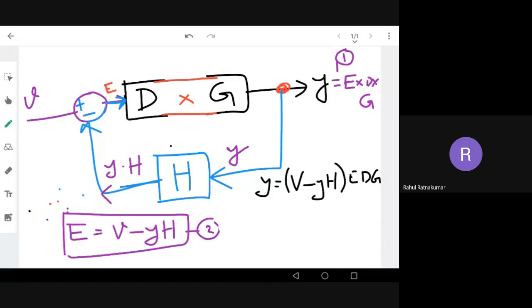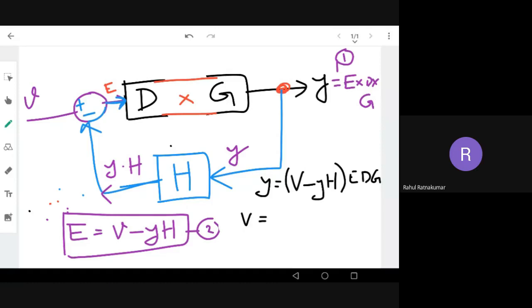We have to get into terms like output by input so that we can get the transfer function.